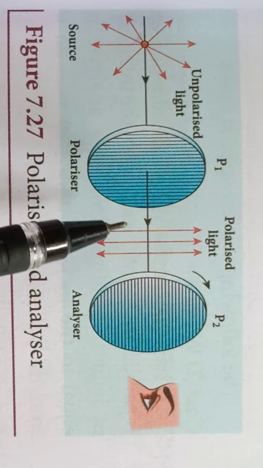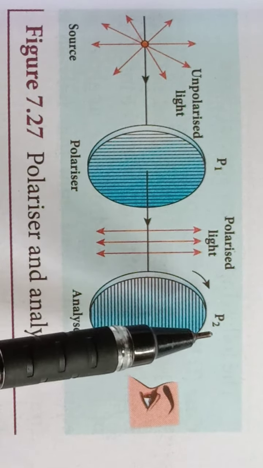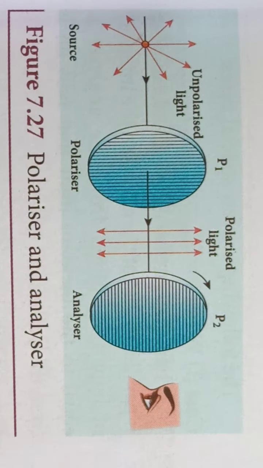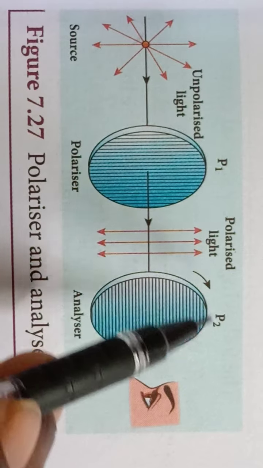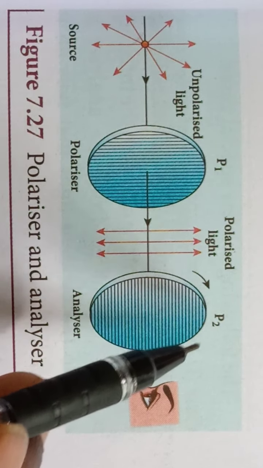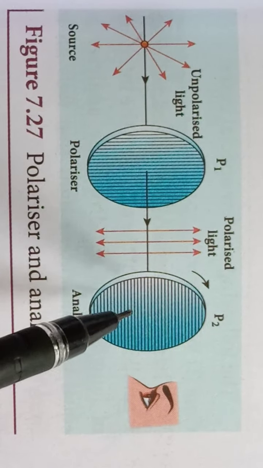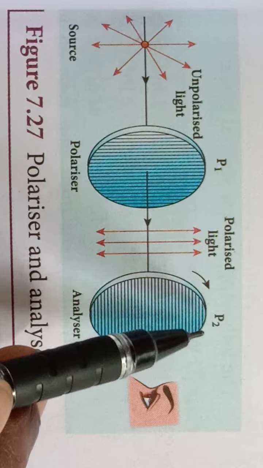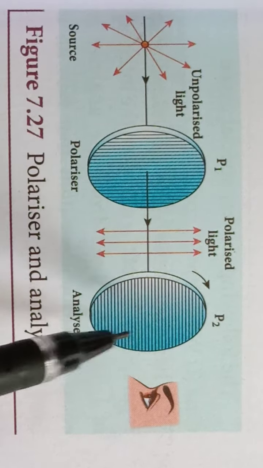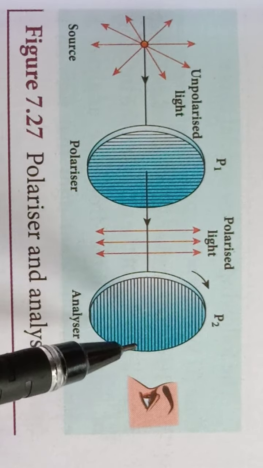The emergent beam is further passed to another polarizer placed here, namely P2. It is rotated diagonally, like this. When the two polarizers are parallel, you can see the maximum intensity of light.